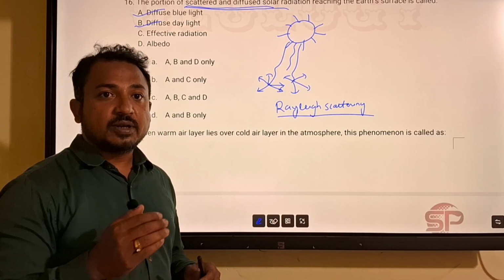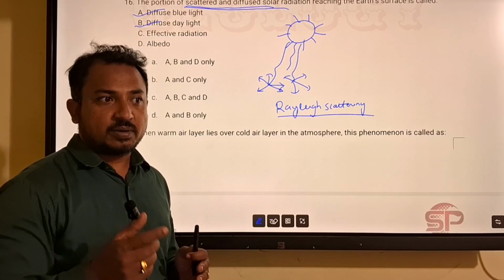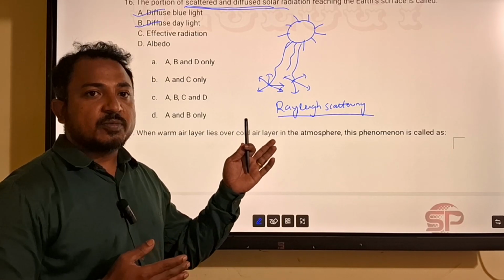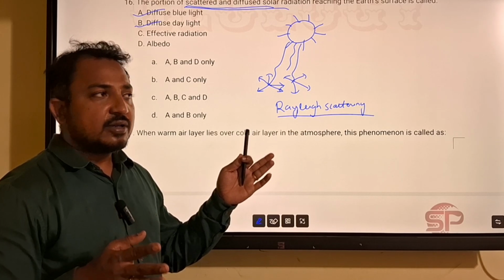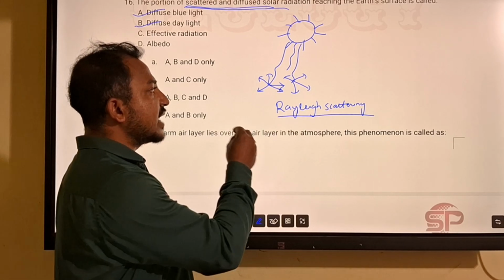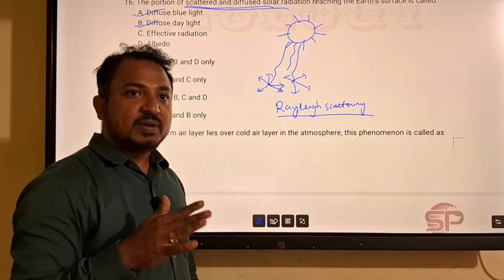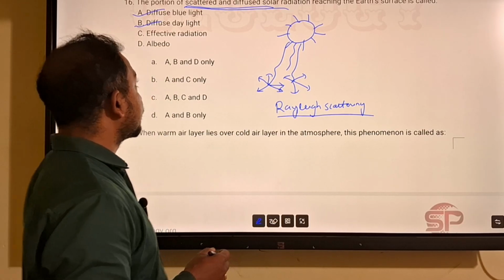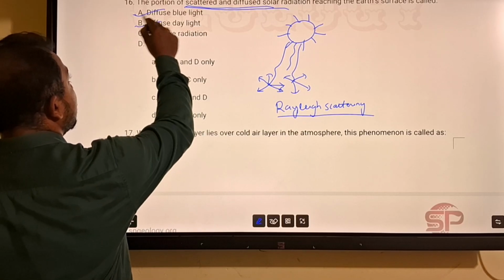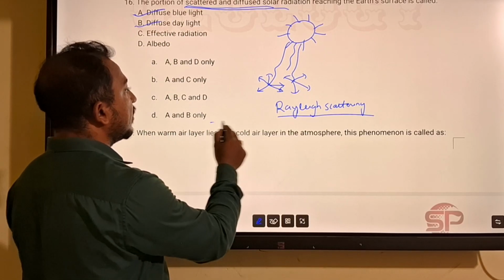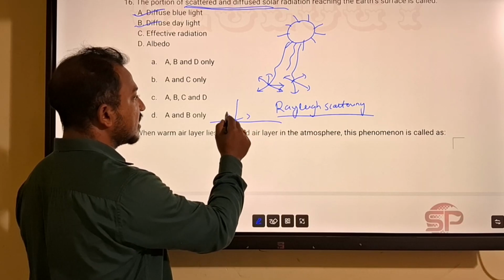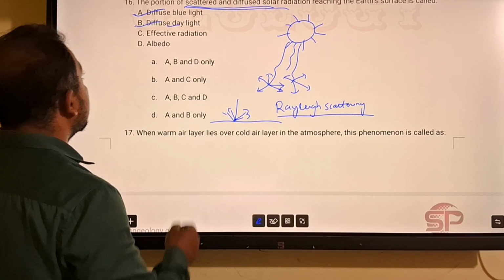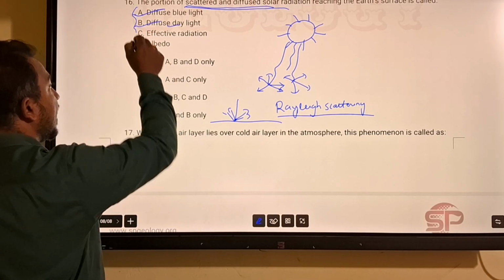In Rayleigh scattering, generally very small wavelengths of light are involved. The smaller wavelength light in the visible range is blue light. So blue light is scattered by the dust particles, and because of that the sky looks blue. So that's why it is diffuse blue light. And when it comes to the surface, it also produces a scattering effect that is considered diffuse daylight. So the answer will be A and B only.